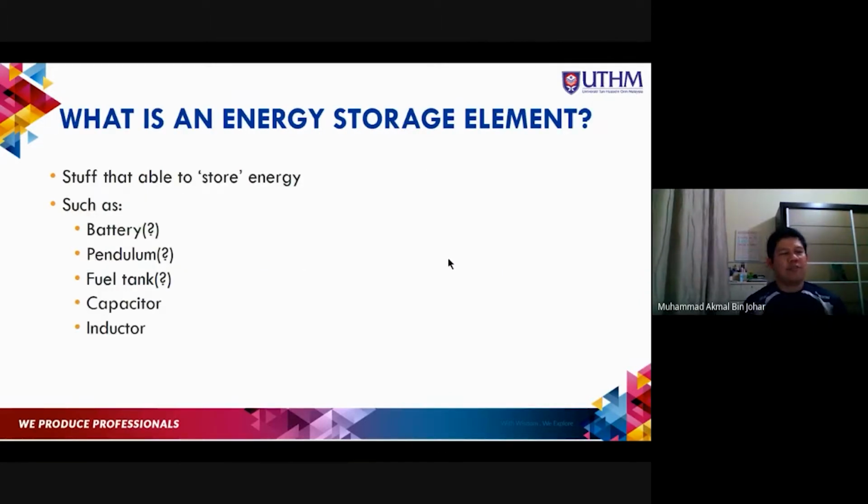So what is an energy storage element? Obviously, we can say that it's a stuff or component that is able to store energy. How to store energy? There are a few components, like a battery. A battery is a device that is able to store energy.